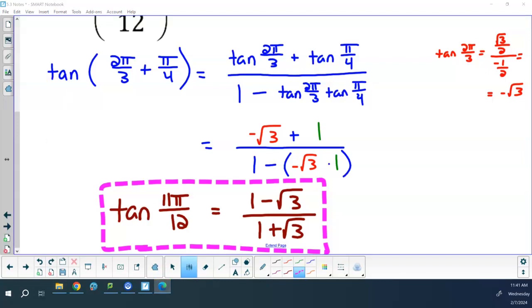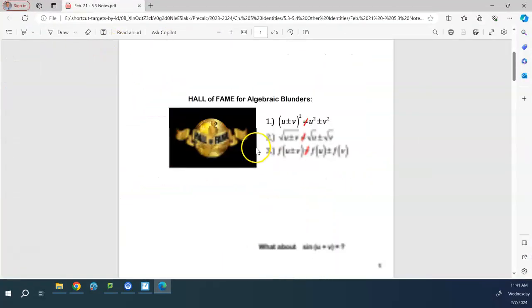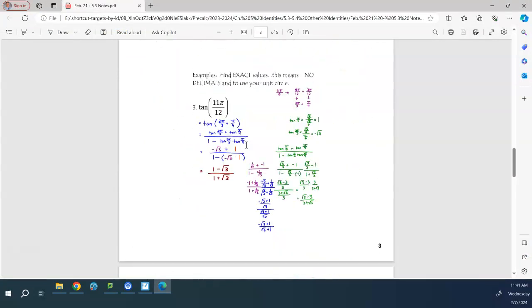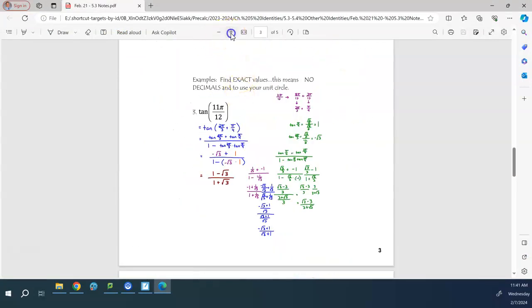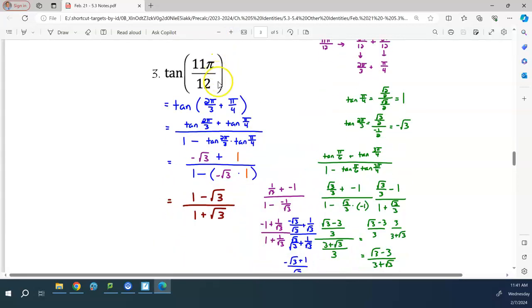Now, there comes a time when all of this right here in green is another way of doing it.